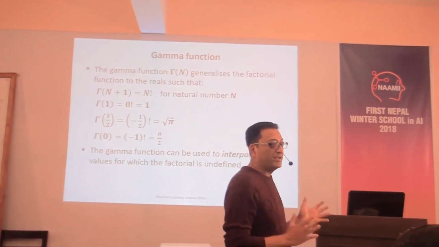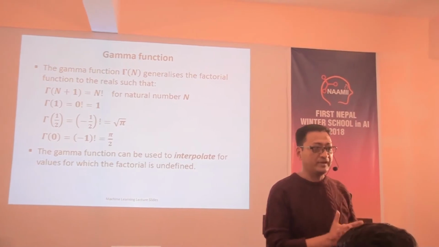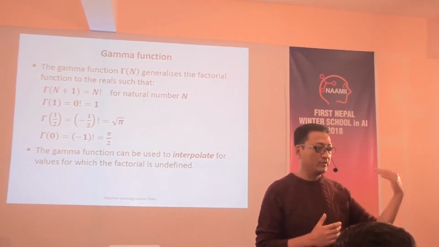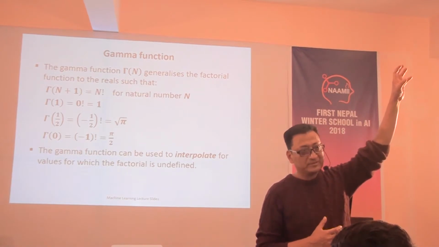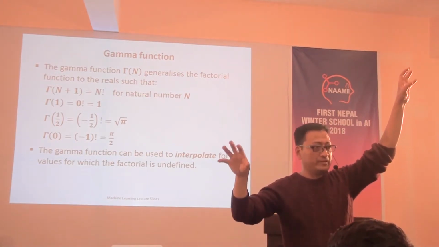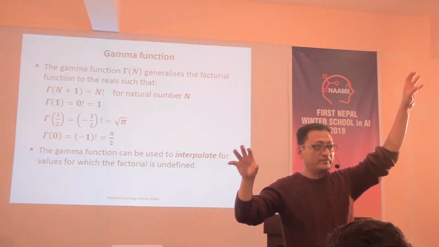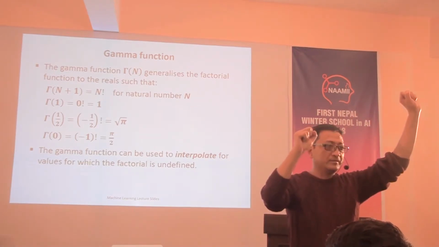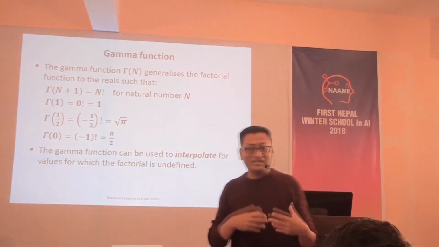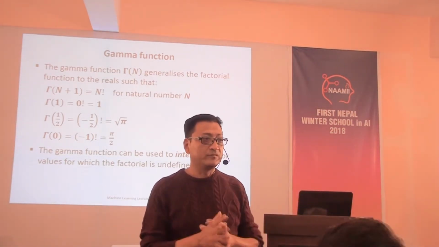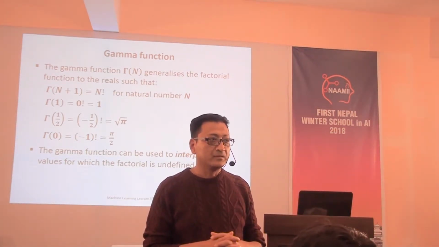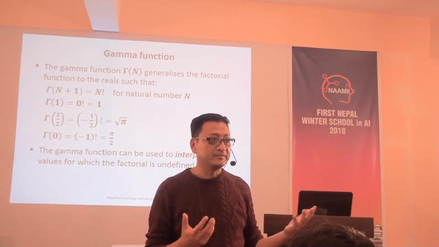What if we want the factorial to be defined for all values? Because we know what factorial 4 is. That's a bigger number. And we know factorial 3 is a smaller number. So obviously 3.5 should be somewhere in between. So we want a function that can interpolate between all values of x where the factorial is not defined.